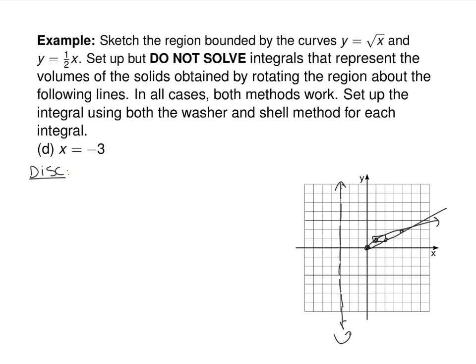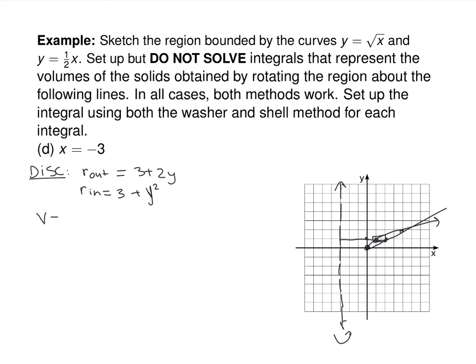All right, so first of all, r out. Well, to get from here to the y-axis is 3 units, plus that little bit looks like 2y. So r out will be 3 plus 2y. R in will be 3 plus y squared.